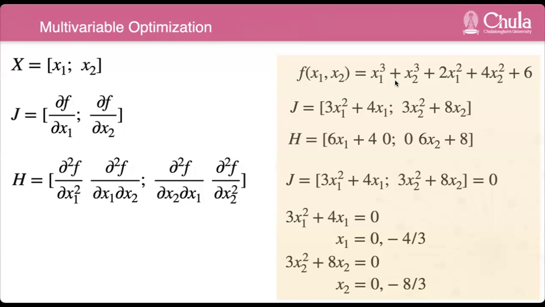So we have x1 equal to 0 or minus 4 over 3, and x2 can be 0 or minus 8 over 3.